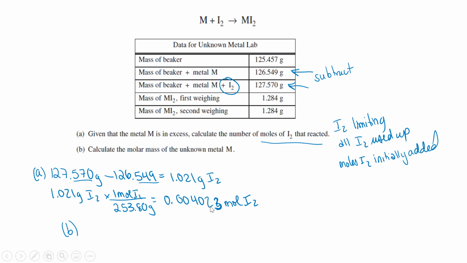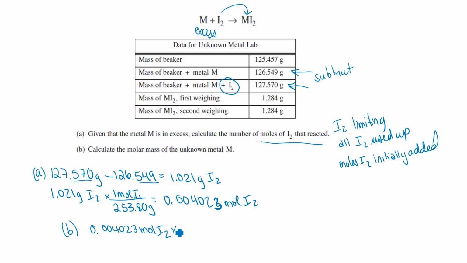So the way I would think of it, I'm trying to find the molar mass of M. So what I would do is I'd say, what do I know? Well, I know that I reacted 0.004023 moles of iodine. And I know that M is in excess. So since iodine's limiting, I know it's going to determine how much MI2 I make.